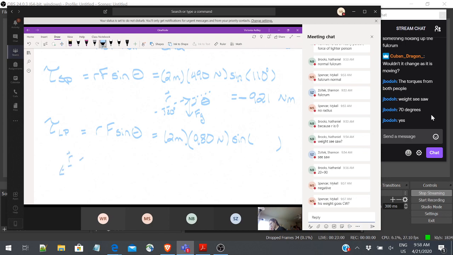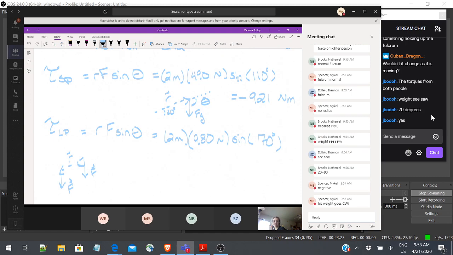This is R, this is F. So the angle between them, this one is 70 degrees.